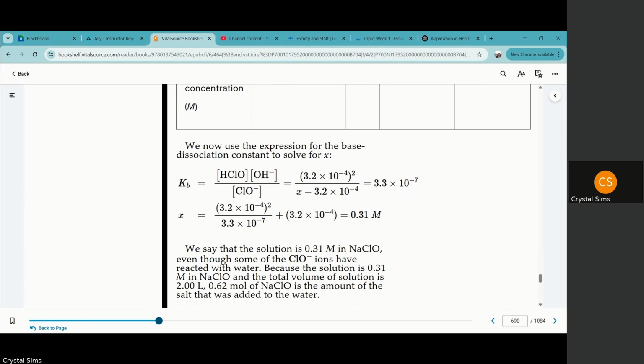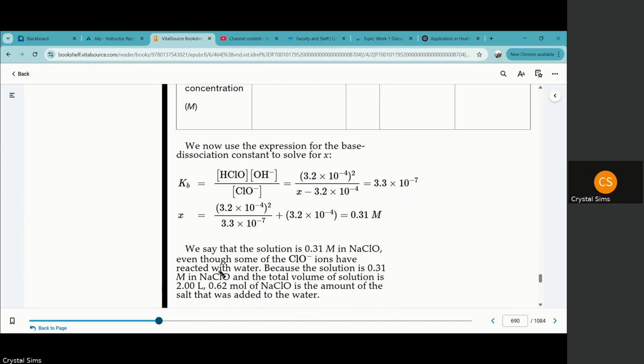Remember, molar, the M there, is moles per liter. So we have 0.31 moles in 1 liter, but the problem told us that we had made 2 liters. So we have to multiply by 2. So our answer is 0.62 moles. That's how many moles we added to get 2 liters of the solution.